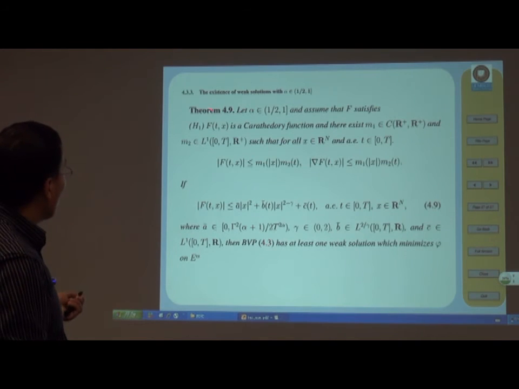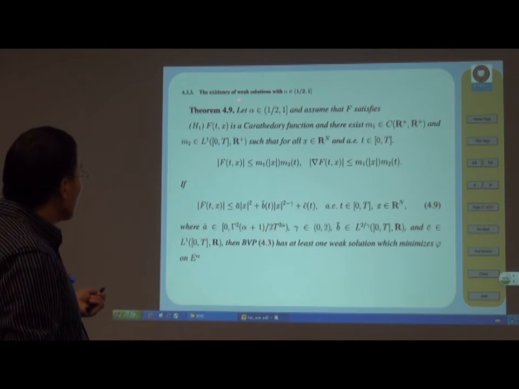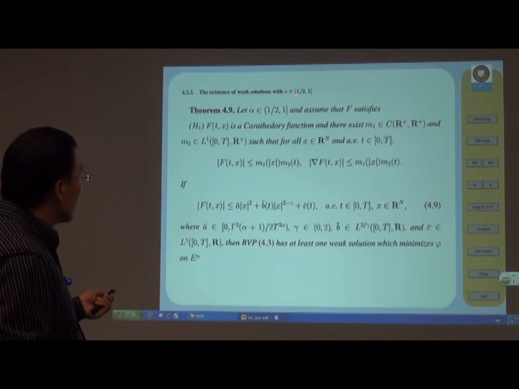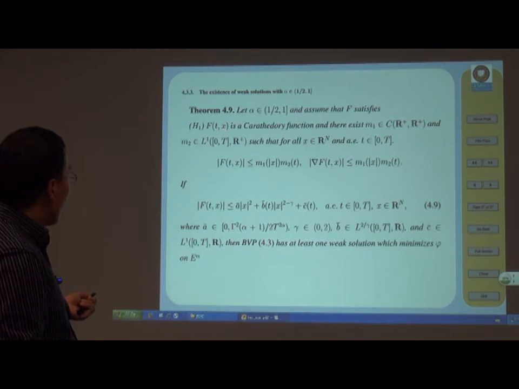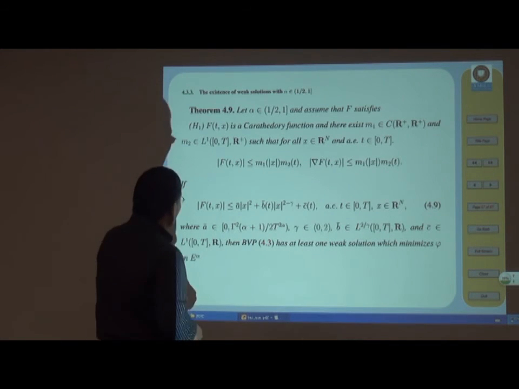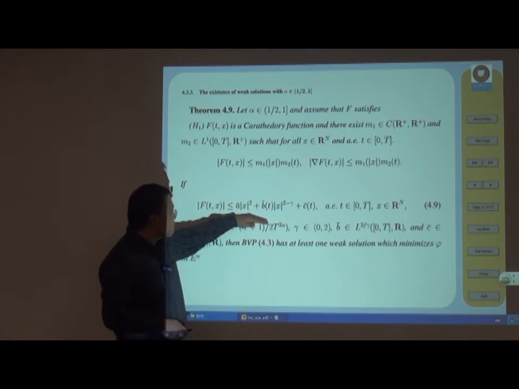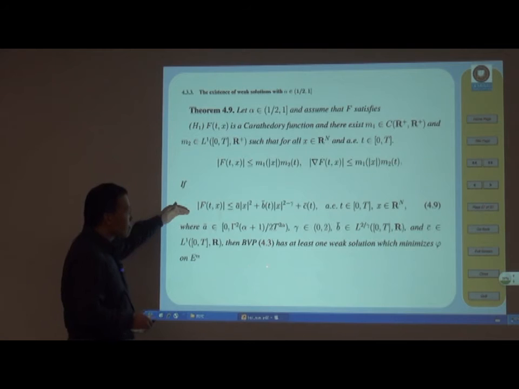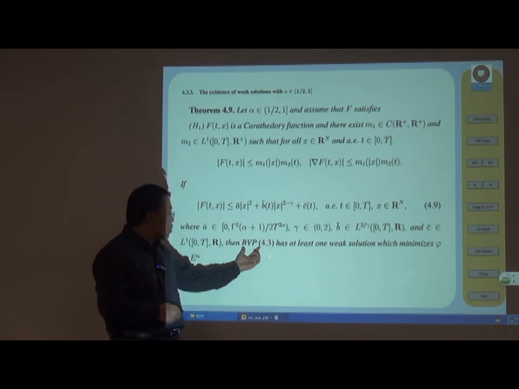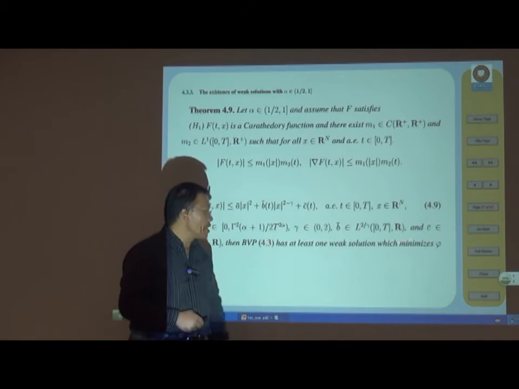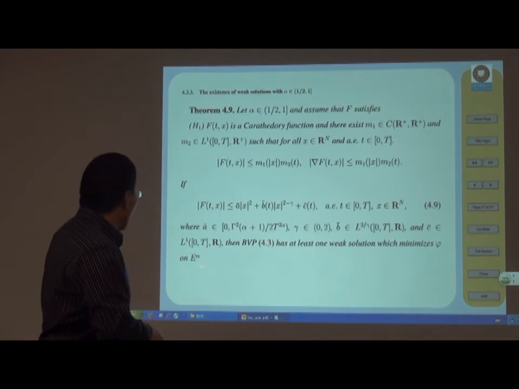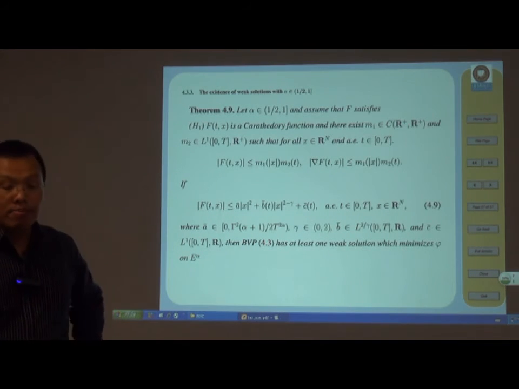And then we come to the existence of weak solutions with alpha in this interval. Firstly, if f satisfies these conditions, and capital F satisfies this condition, then the boundary value problem has at least one weak solution which minimizes phi on the space E alpha.